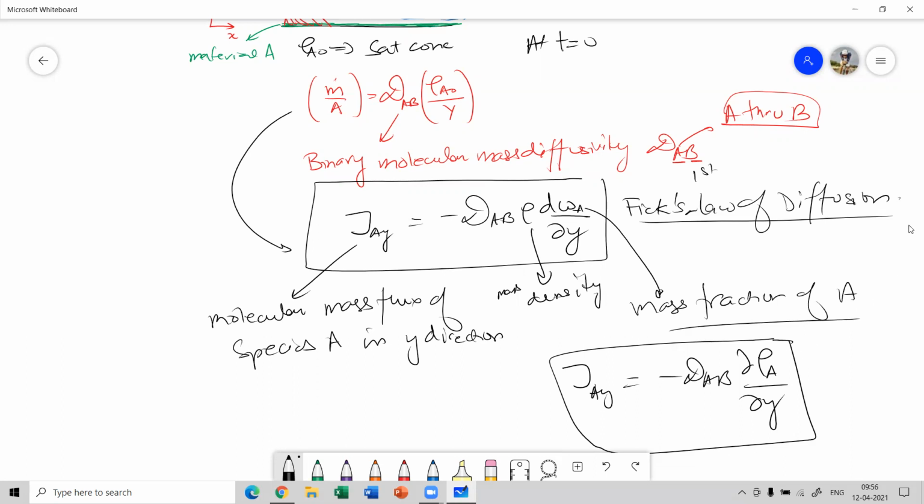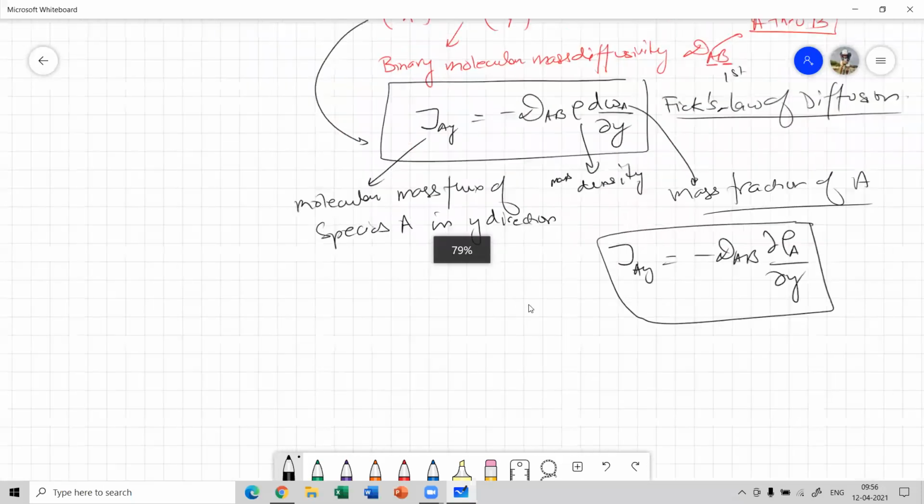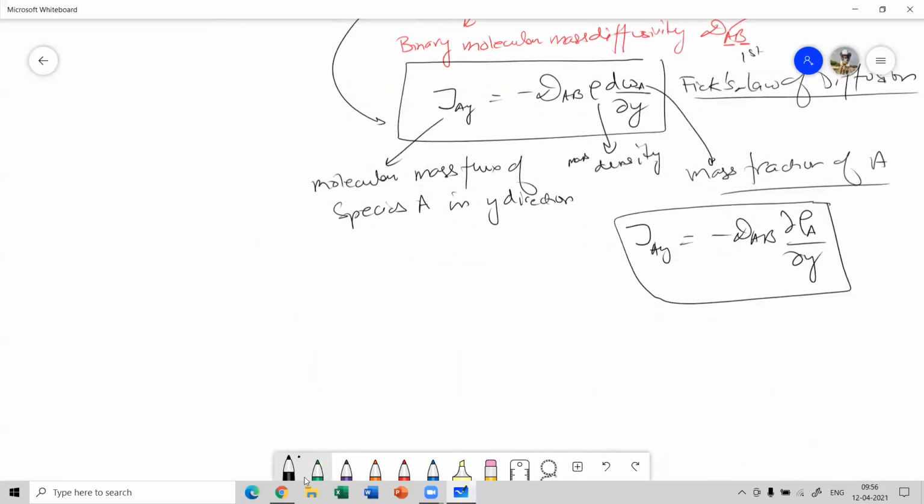So it can be represented either in mass fraction terms or in mass density terms. But more conveniently, we normally represent Fick's law in terms of the concentration gradient. So it can also be written as JAY star. We use star because it's a molecular flux.